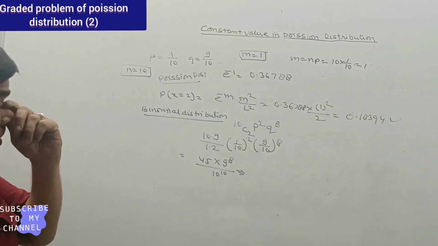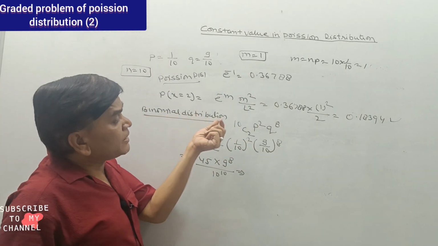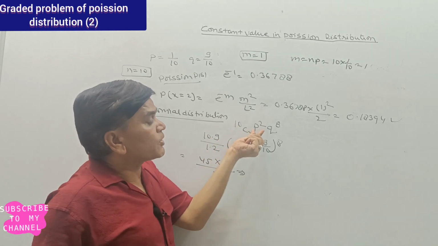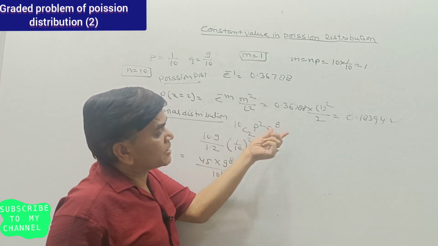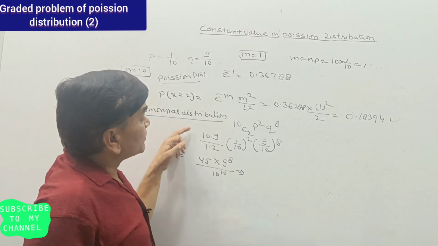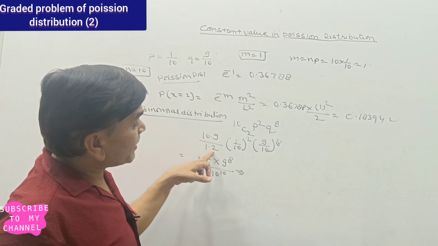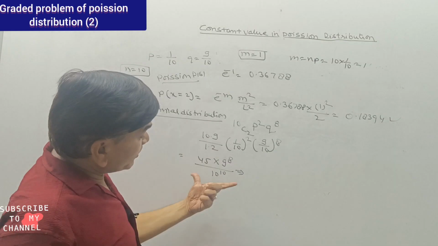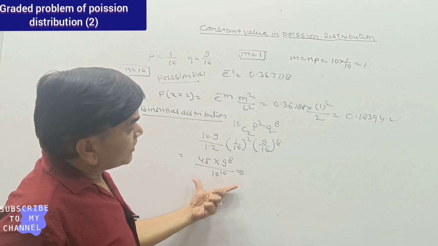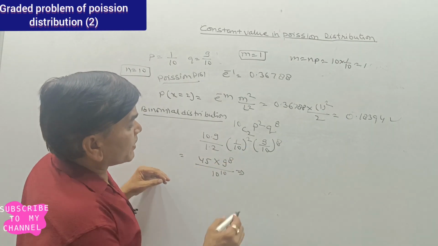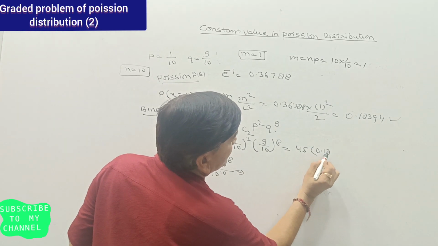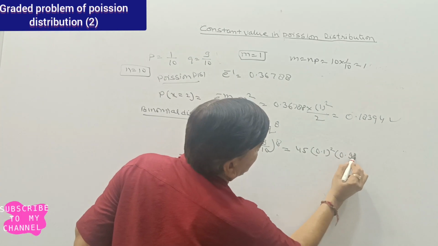Now the same question with the binomial distribution, 2 defective out of 10, so 10 C2 p raised to power 2 is defective and q is clear. So we are having 10 multiply 9 upon 1 multiply 2, 1 by 10 raised to power 2 and 9 by 10 raised to power 8. Now we have to solve this. So the first one is 45 multiply 0.1 raised to power 2, 0.9 raised to power 8.